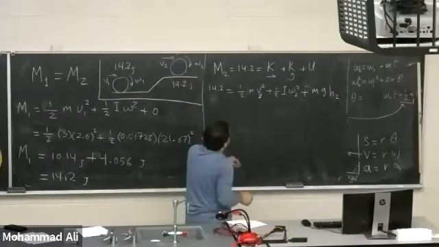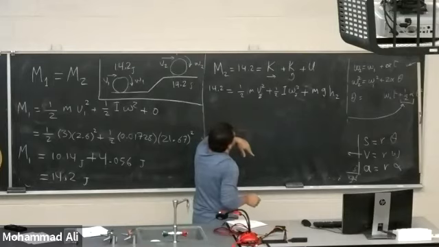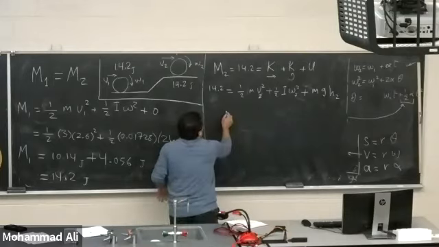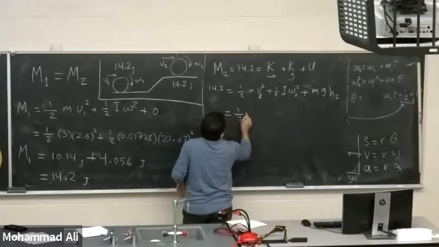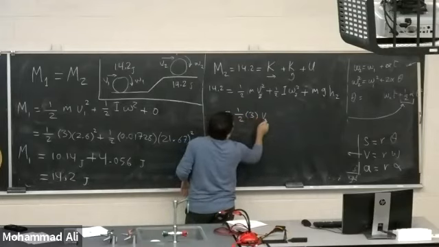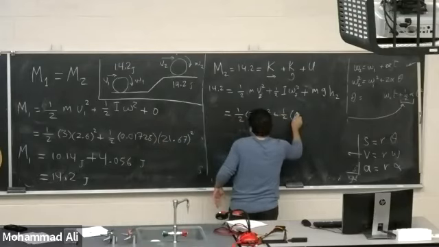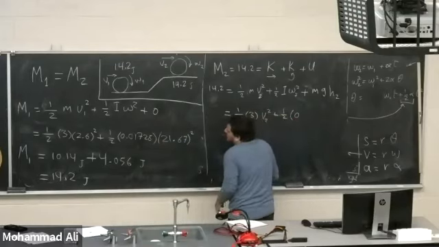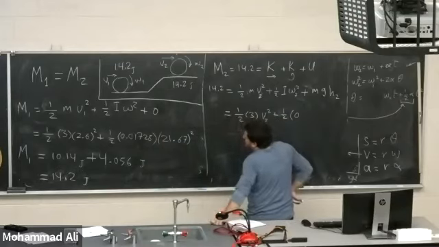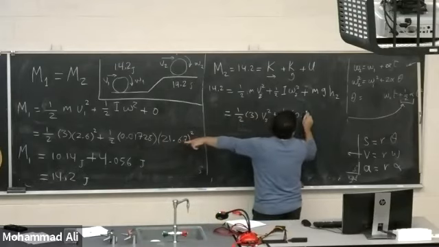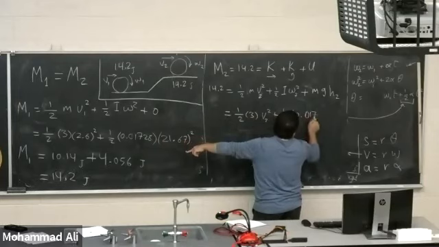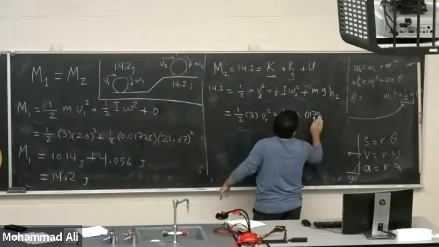Now, I'll put them. 1/2. The mass is 3. V2 squared. I don't know V2. Plus 1/2. I, where is it? That one. 0.1 now 0.17828.